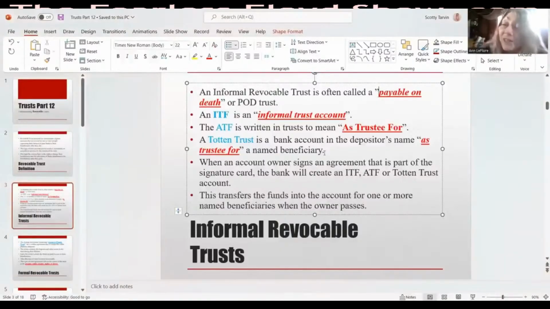So before you do anything, get a paper from your bank or talk to somebody from your bank and decide how you want to set this up. If you want to do a POD, if you want to do an ITF, an ATF, a Totten, figure it out before you start going in and creating new bank accounts.